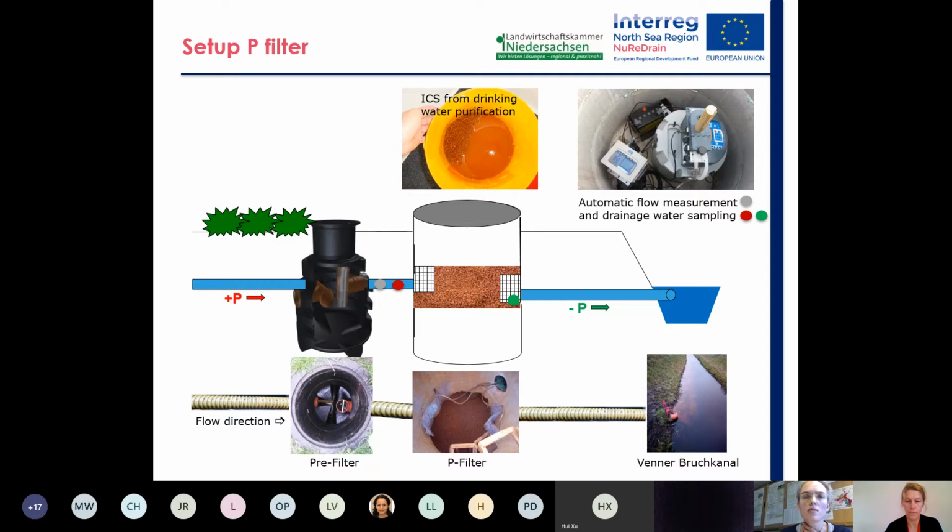We are automatically measuring the flow in the transition between pre-filter and P filter. This is indicated by the gray dot. The red dot is the extraction of unfiltered drainage water samples. The green dot is the extraction of filtered drainage samples. We are measuring more or less continuously, 10 samples per day are extracted automatically.